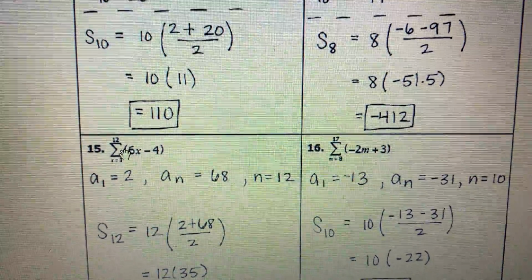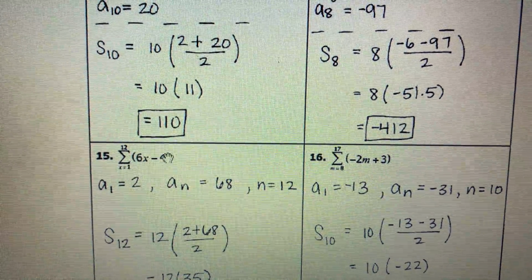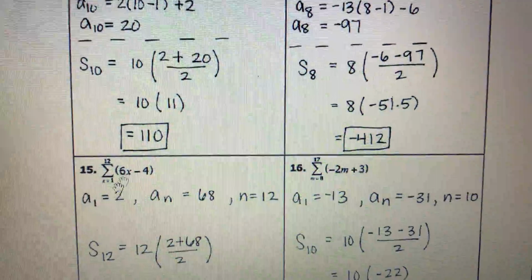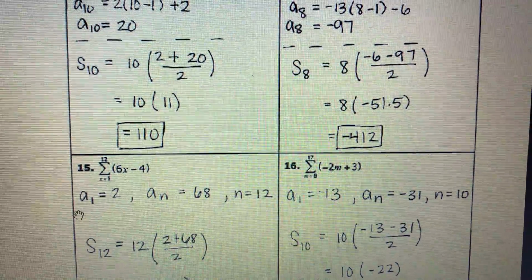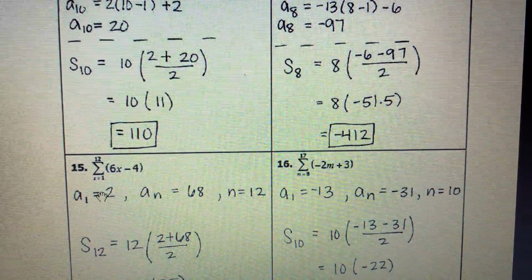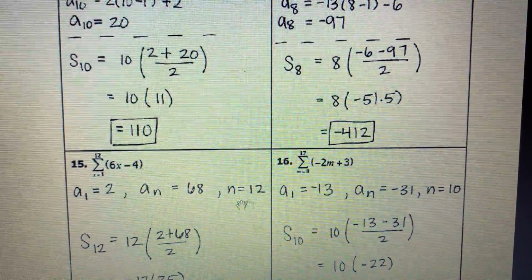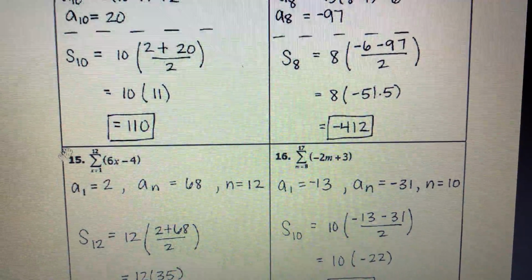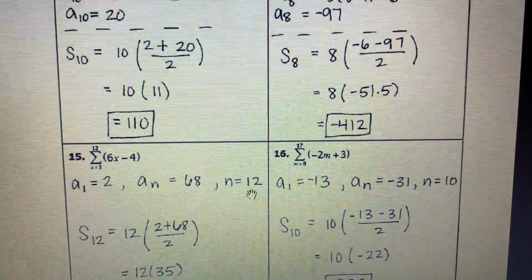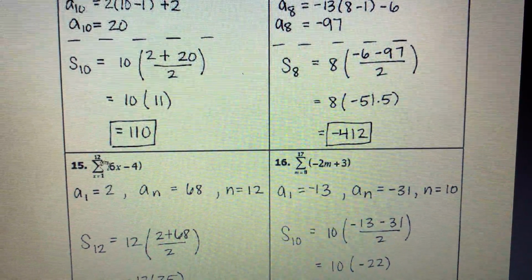Since this expression here is our sequence, a sub 1 is going to be us plugging in a 1 for x. 6 times 1 is 6, minus 4 is 2, so the first term is 2. And a sub n is the last term. Since they want us to sum from 1 to 12, they want us to find when n is 12.